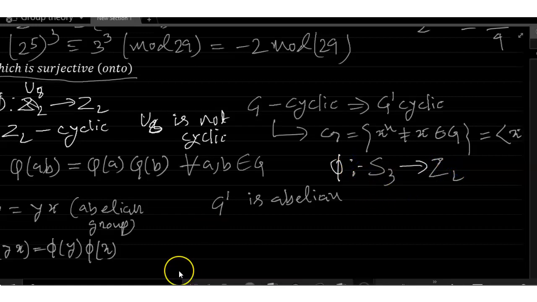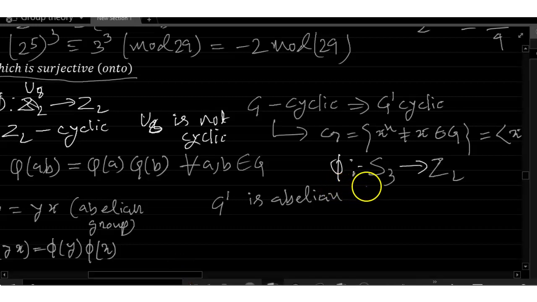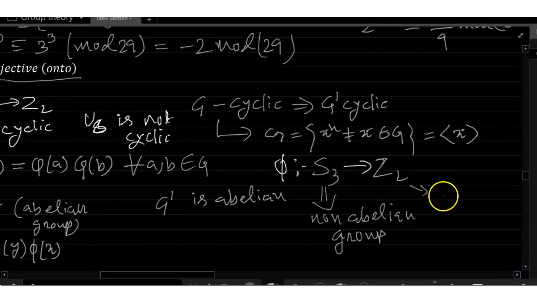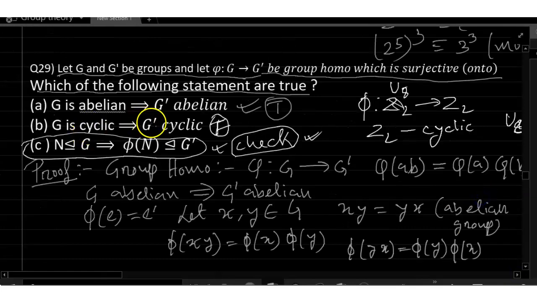So friends, from these questions we have learned that S3 is a non-Abelian group, but Z2 is an Abelian cyclic group. So it is not true that if G is cyclic, then G dash is cyclic.